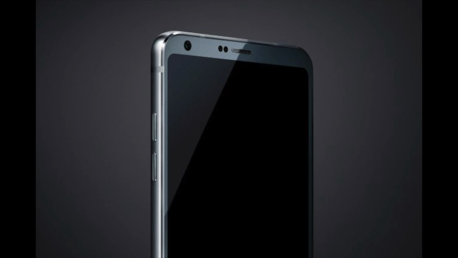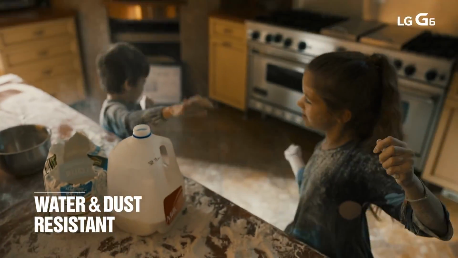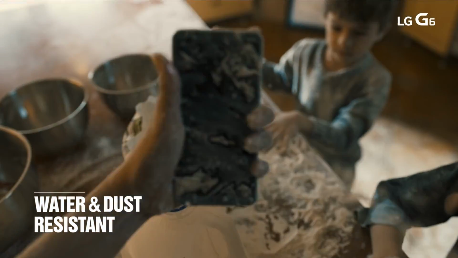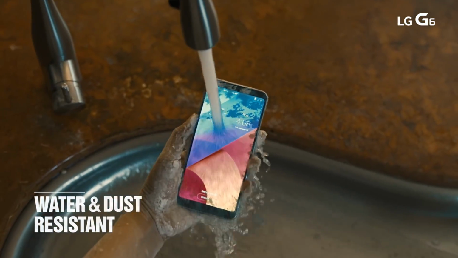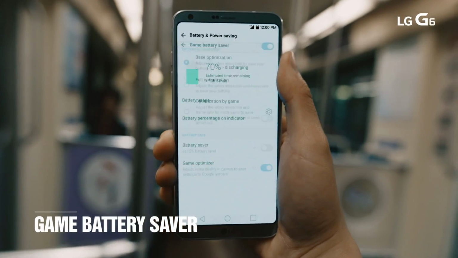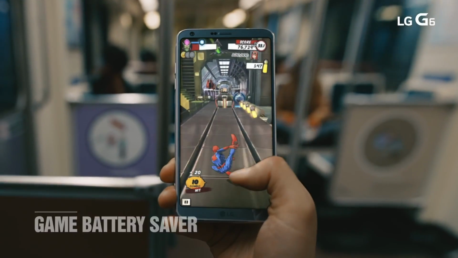However, one most important difference between the LG G5 and G6 is the water and dust resistance. With the new technology of the LG G6, right now you can use your smartphone to take pictures underwater at only 1.5 meters.